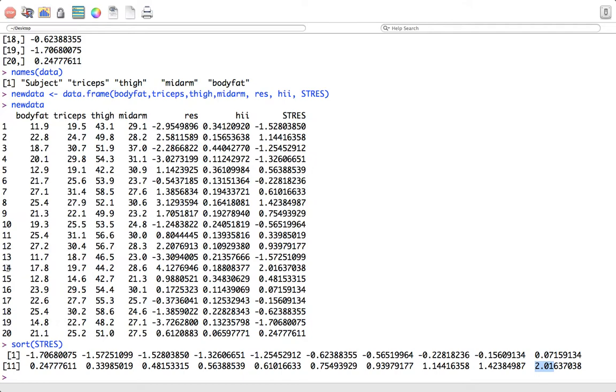So the 14th person here has a standardized residual equal to 2.016. Okay? Now, what we're going to do next is carry out a test to see if this is statistically significant.